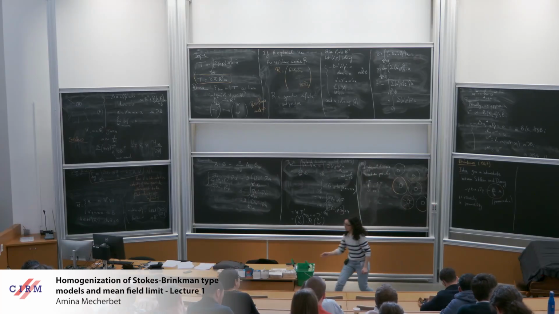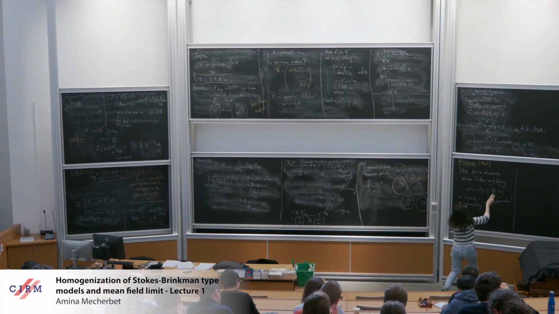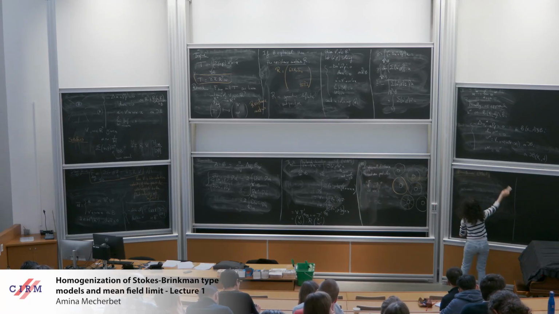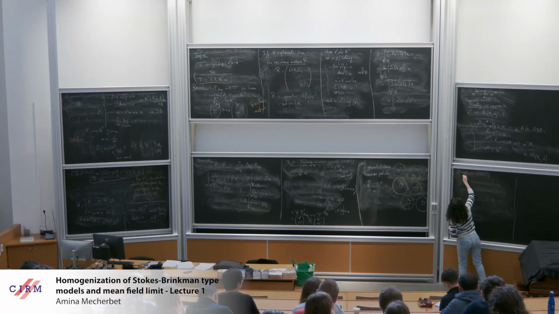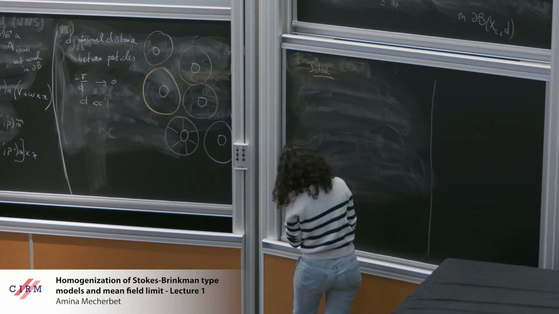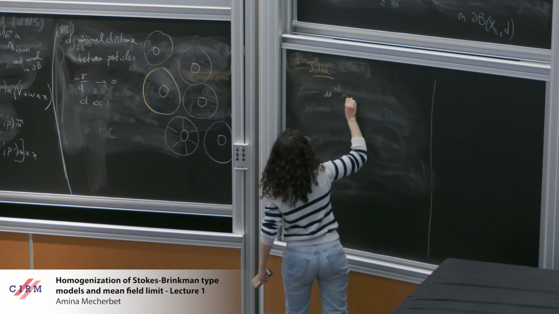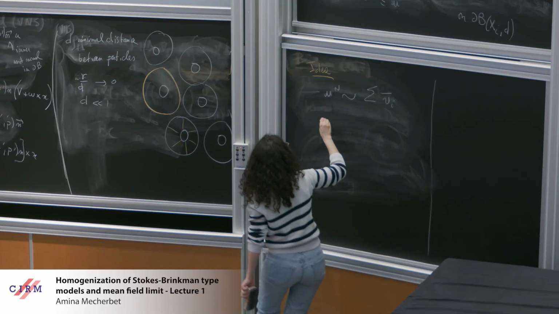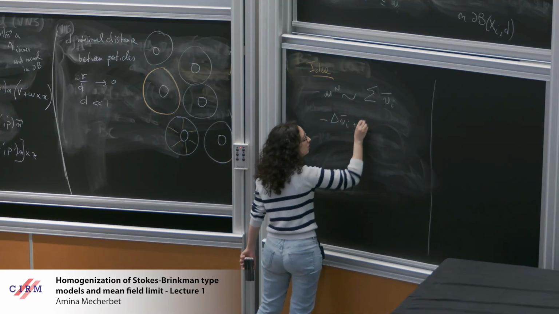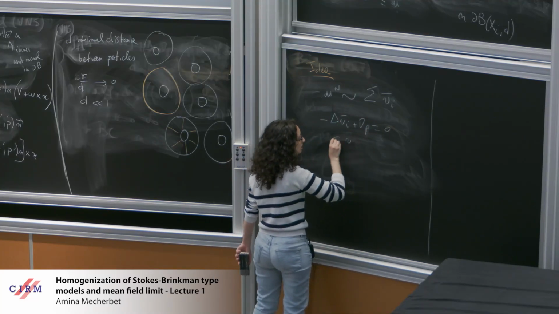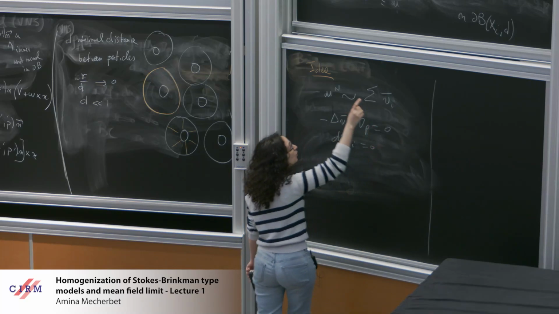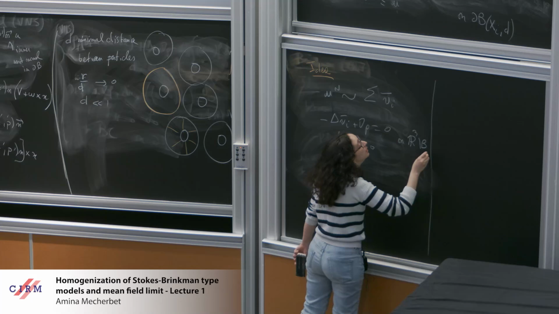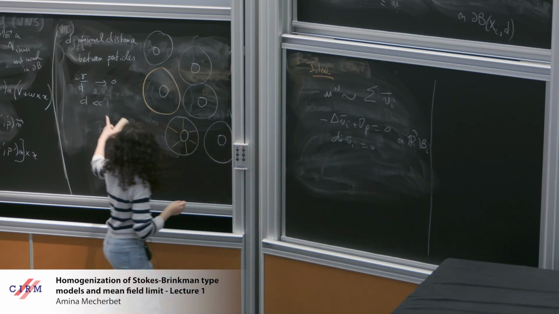So the idea is that I will approach, let's say UN is close to the superposition of these specific solutions, where I will just write the same equation, but instead of working on the annulus, I will work on R3 minus the bi because of this.